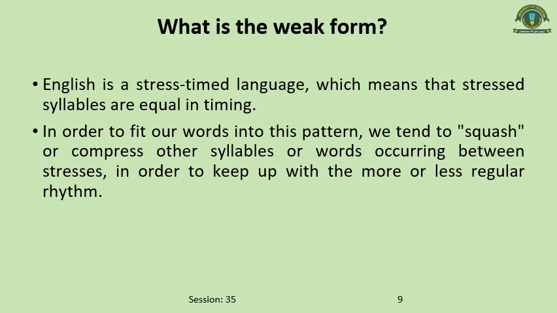So in one word, as I gave you many examples in the preceding sessions, I demonstrated certain words, certain sentences, and of course I just stressed the syllables which were required to be stressed. So in order to fit our words into this pattern, we tend to squash or compress other syllables or words occurring between stresses in order to keep up with the more or less regular rhythm.